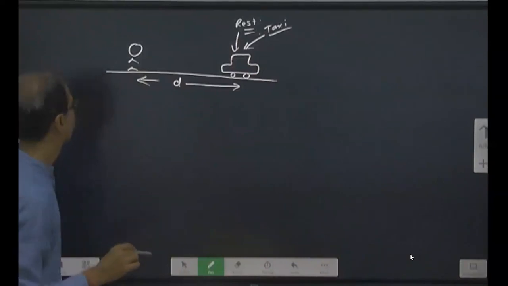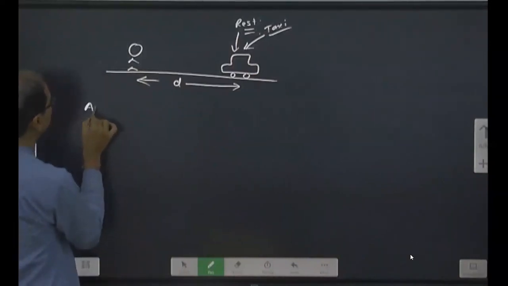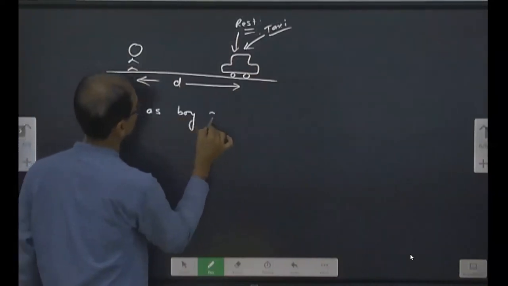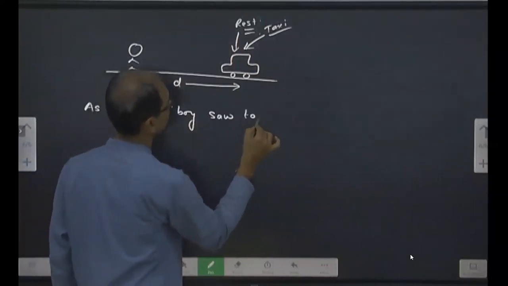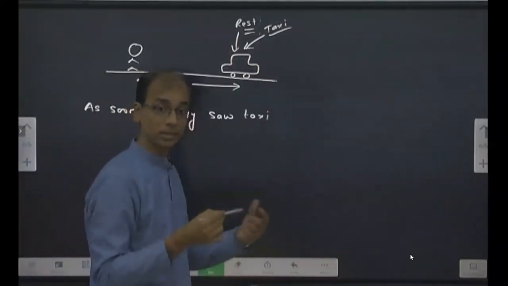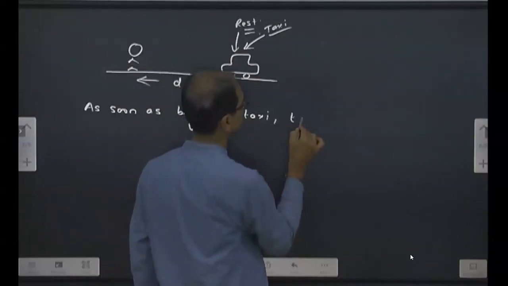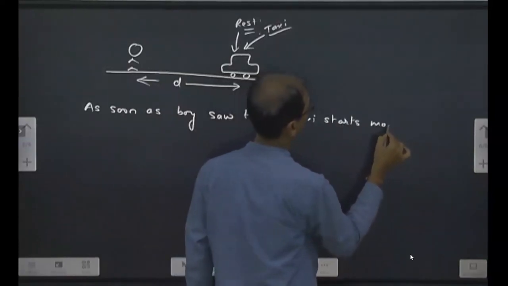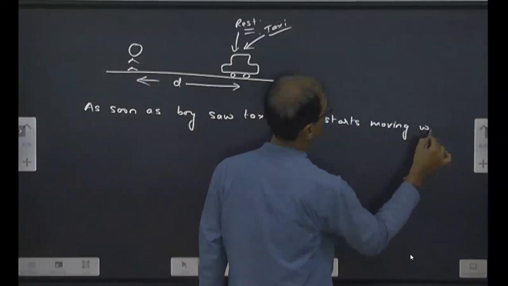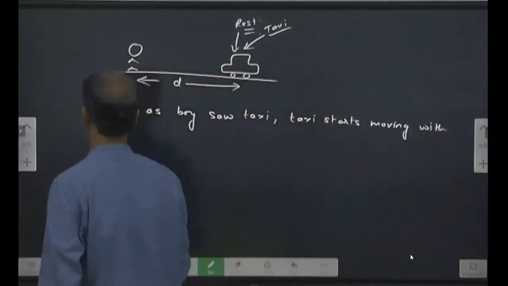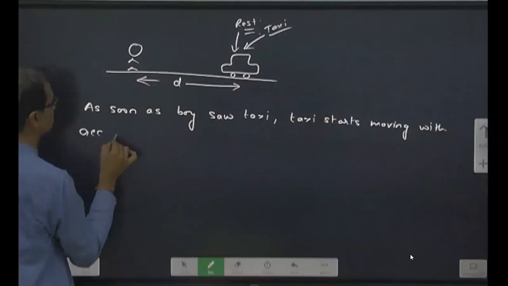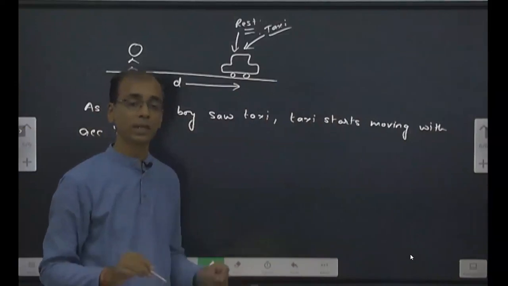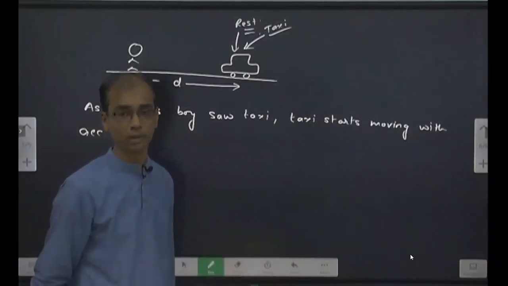Okay, what happens? As soon as the boy saw the taxi, the taxi starts. Taxi starts moving with acceleration A. That means he saw that the taxi starts, and immediately at the same instant, he starts running because he wants to catch the taxi.